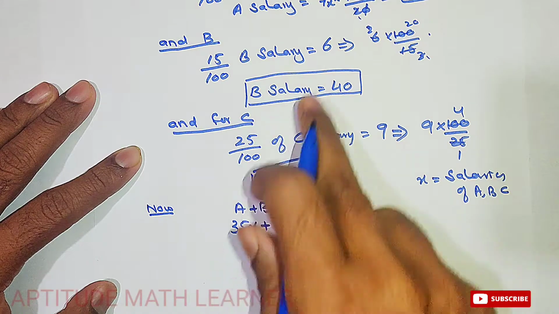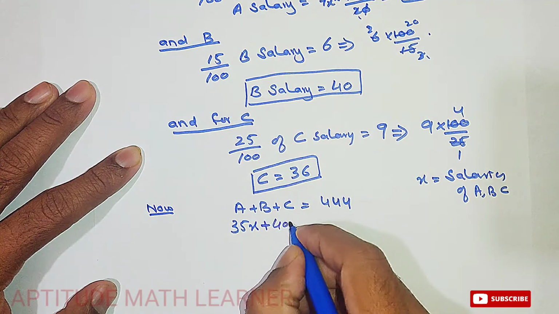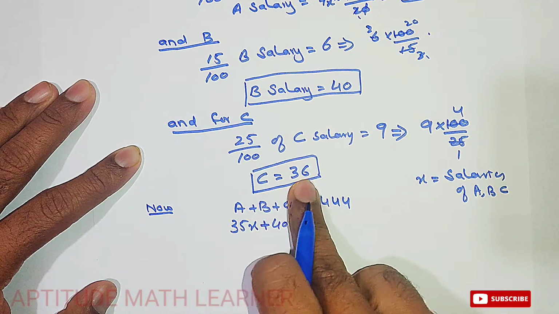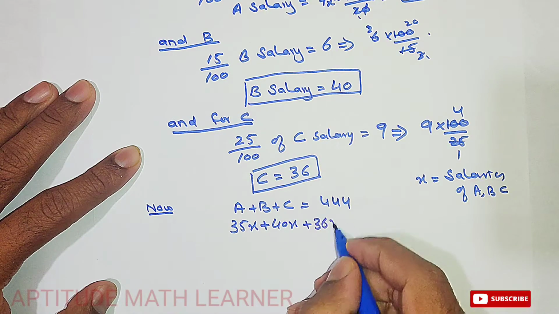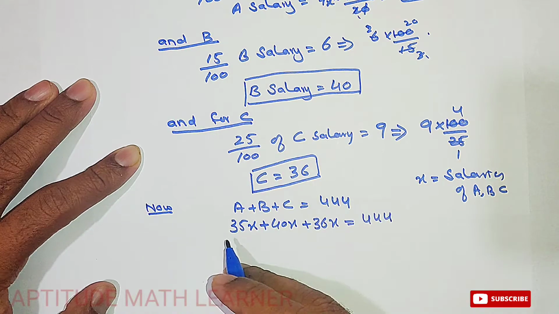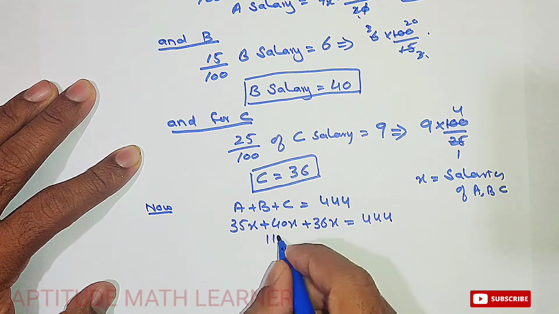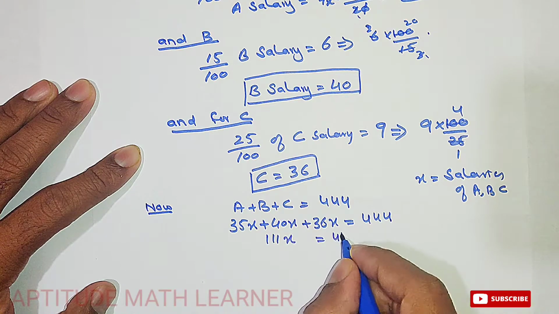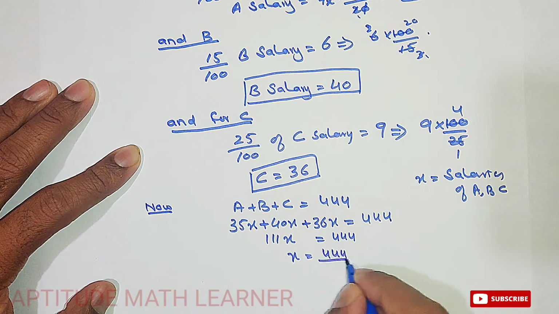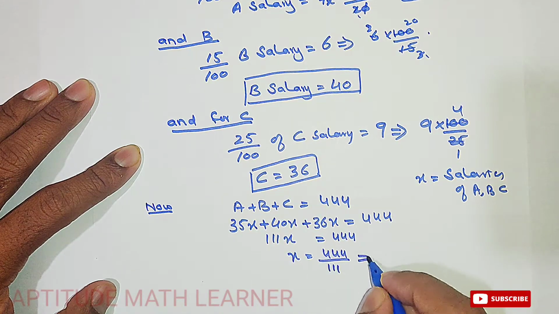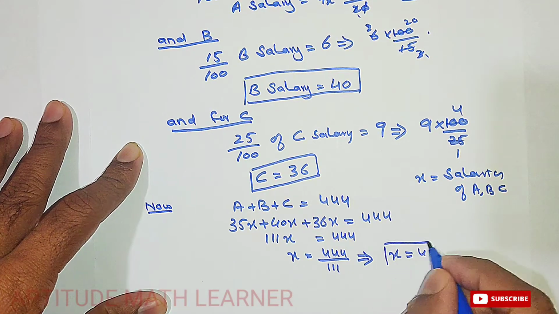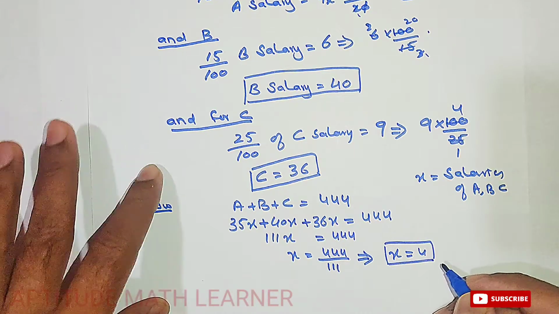Plus for B we found 40x. Plus for C, 36x, is equal to 444. This becomes 111x equal to 444. So x is 444 divided by 111, and we get x equal to 4. I hope you have understood the method.